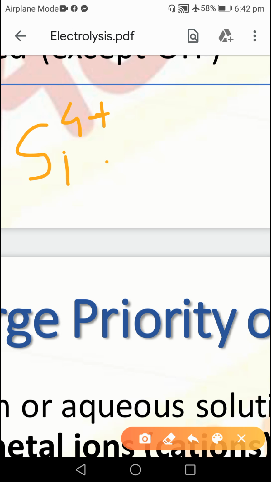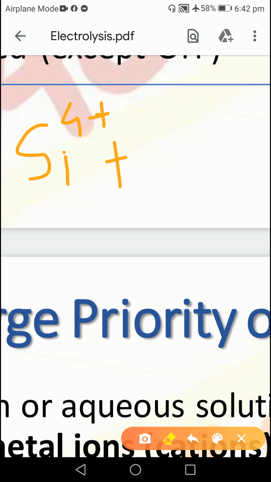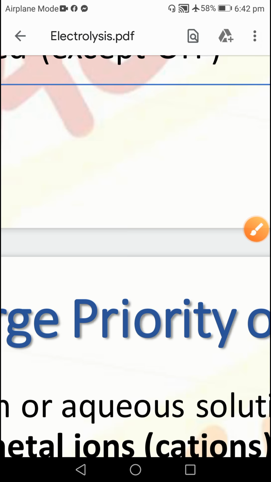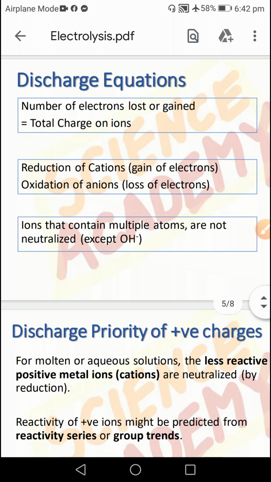Here the charge is 4, so it will gain 4 electrons, since it has to be the reduction of cations to obtain neutral silicon. So that's for the reduction of cations and oxidation of anions.